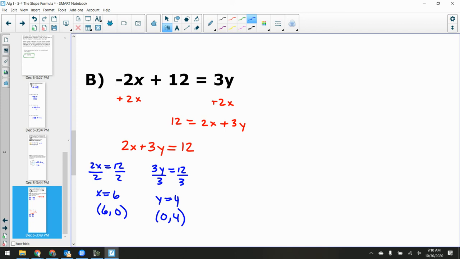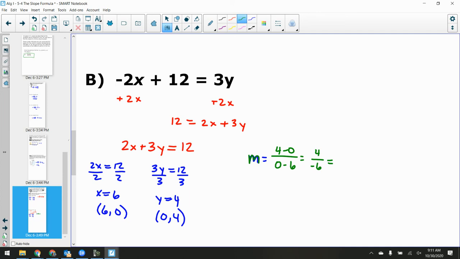And now I can pretty easily find the slope. Slope is 4 minus 0 over 0 minus 6. You follow me there? 4 minus 0, 0 minus 6. 4 minus 0 is 4. 0 minus 6 is negative 6.